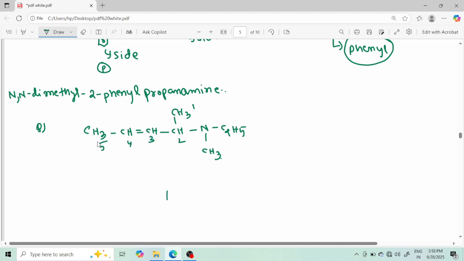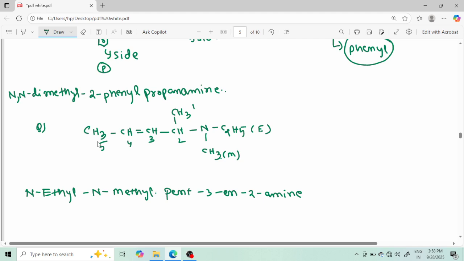So it will be pent-3-en-2-amine, yes or no? And then ethyl comes first, and methyl comes after E. So I will write N-ethyl and then N-methyl.